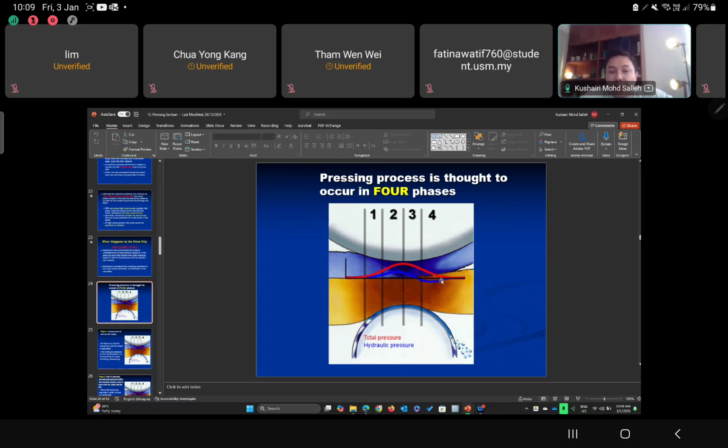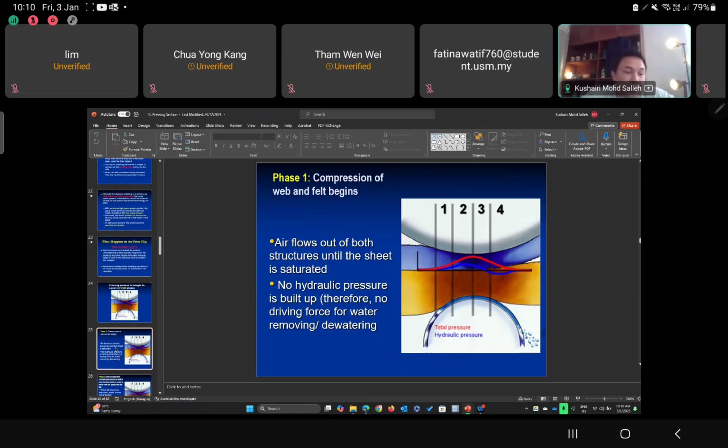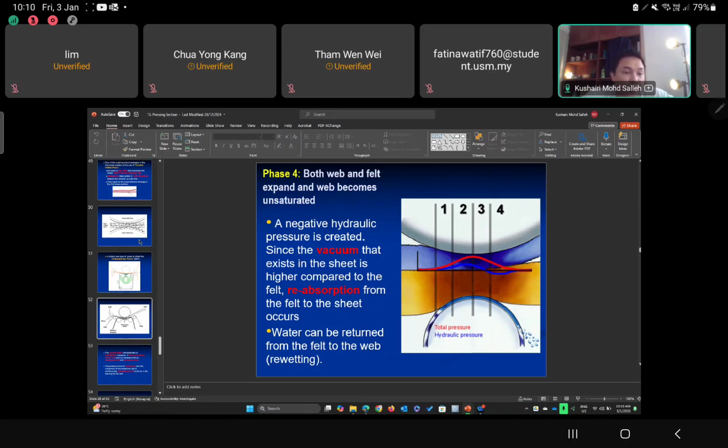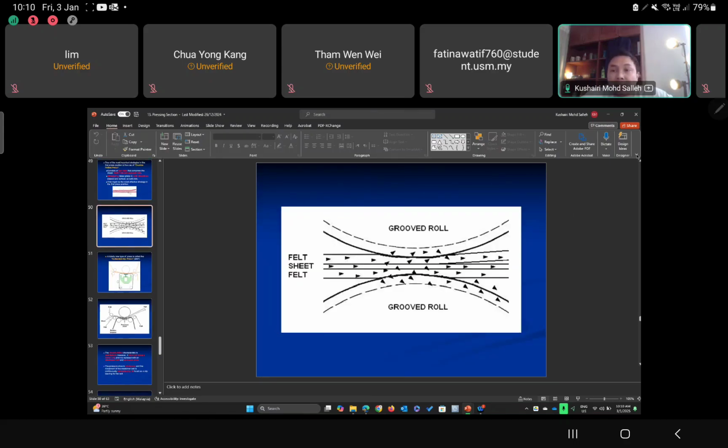What happens to the felt, what happens to the web, and what kind of pressure is involved. You need to be able to identify how the total pressure and hydraulic pressure change from phase 1 to phase 4. This is very important, so you need to remember and understand this one. This is a very important part in the pressing section.